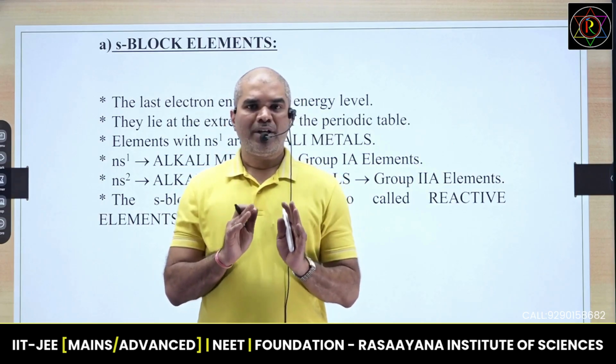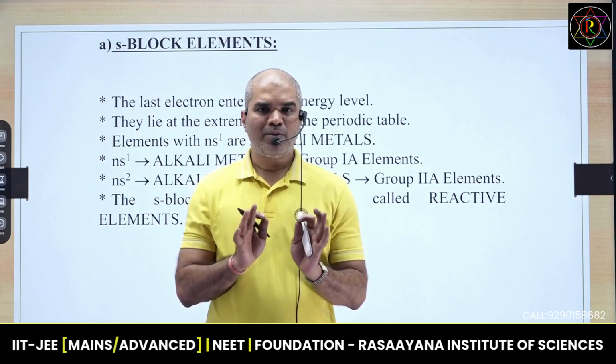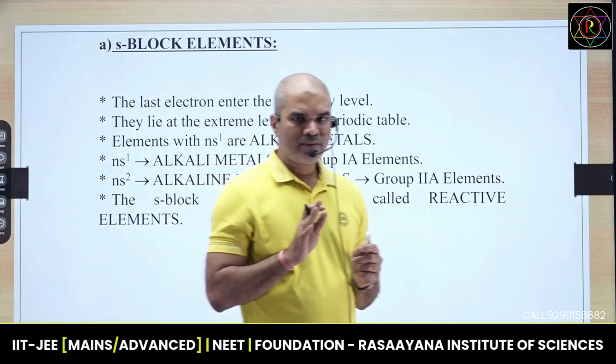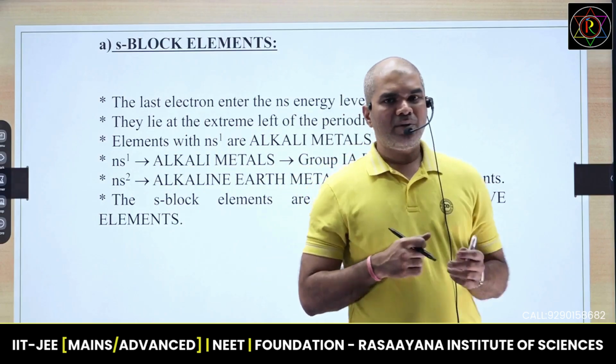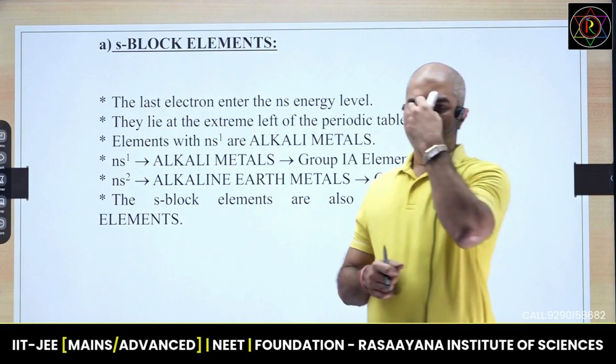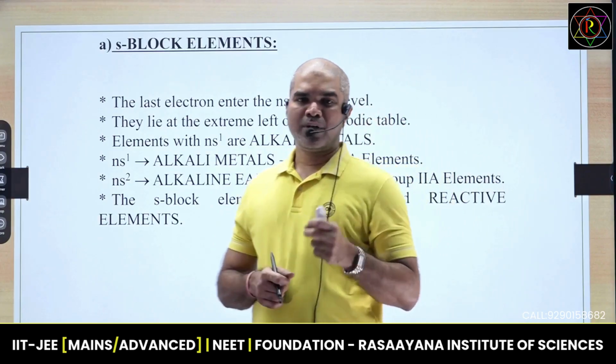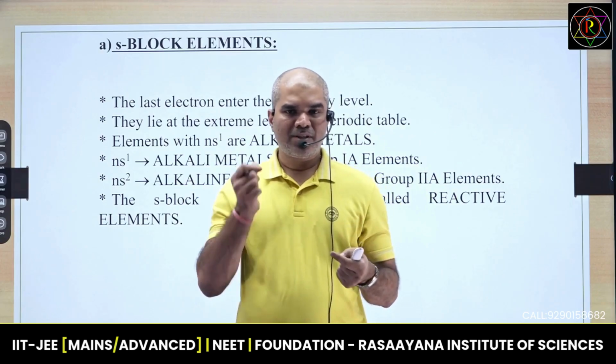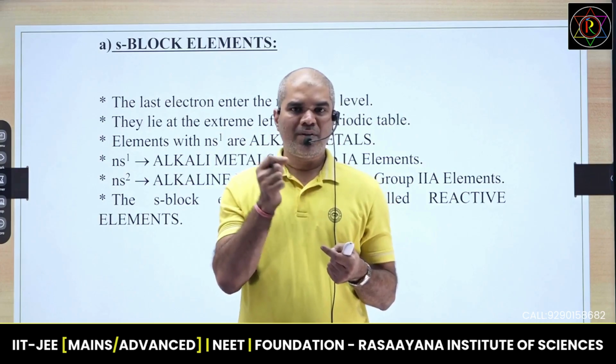These are soft metals. They are not hard metals. They are very soft metals. They are so soft that I can even cut with a knife. Suppose I take sodium. You will be doing some practical laboratory experiments also, where if I want to handle sodium, sodium is a metal, but I can cut it with just a small blade, not even a knife.